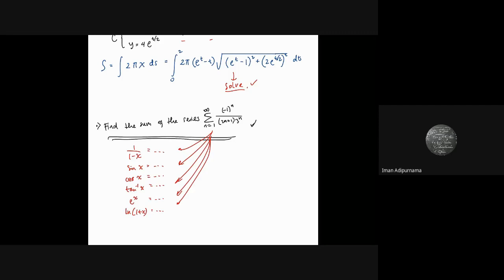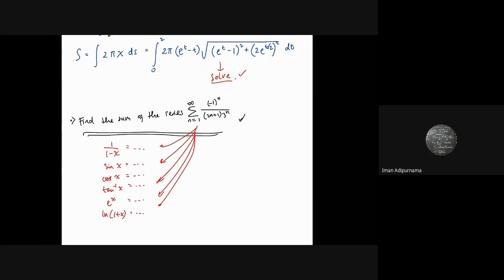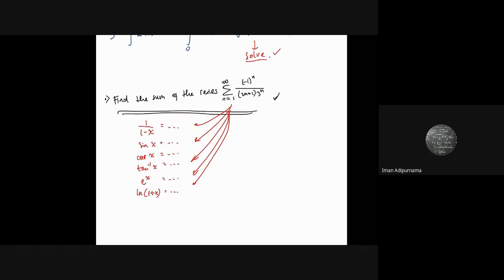And because in the question here, you don't see any x, right? No x here, which means if you have, for example, the e to the x, it is having x. Let me just write that one.